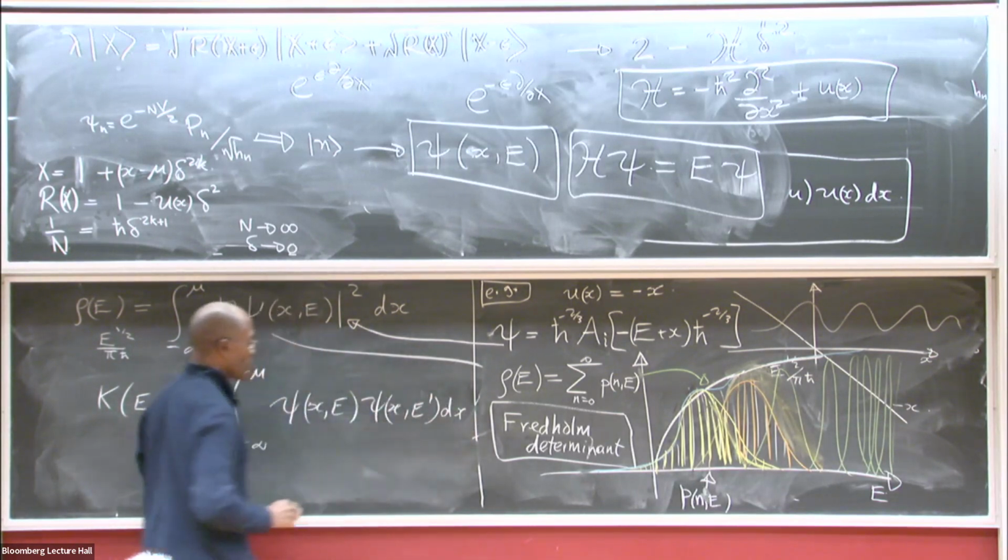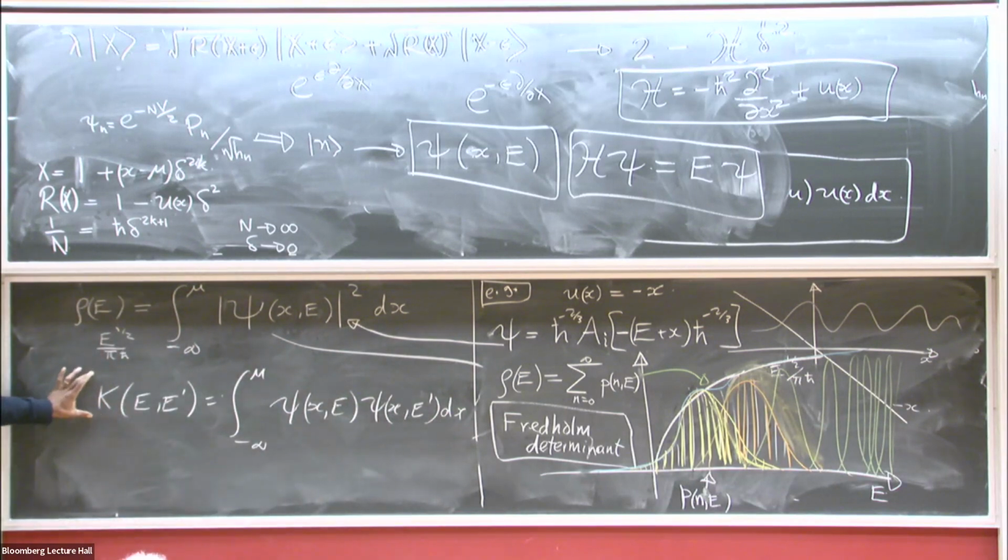This is a very natural object. Essentially, all probabilities in the matrix model can be addressed in terms of this object. You essentially build everything out of determinants of this object.